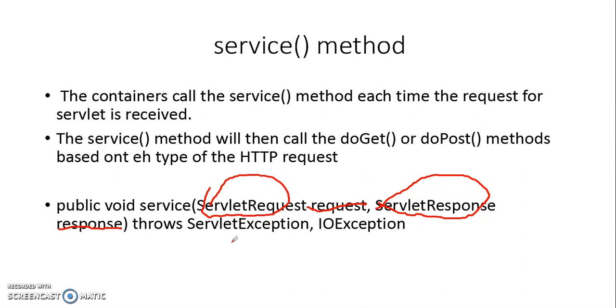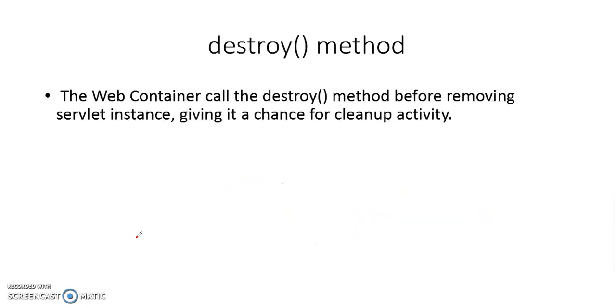This servlet class will always throw two types of exceptions, that is a ServletException and an IOException. So you have to handle it by using the throws keyword, which we will discuss in the exception handling topics. Then the destroy method is called whenever a servlet is to be removed from our memory, and all those cleanup activities are done when this method is called.